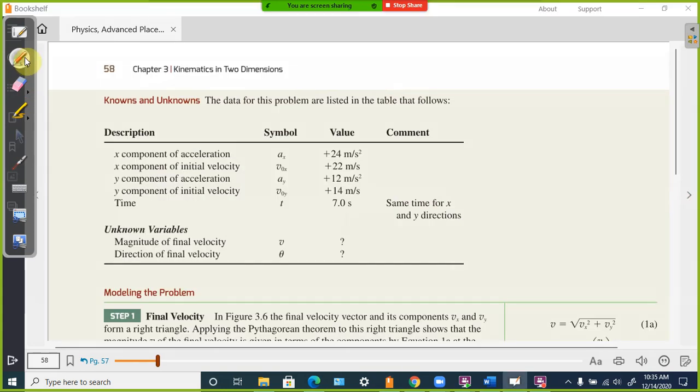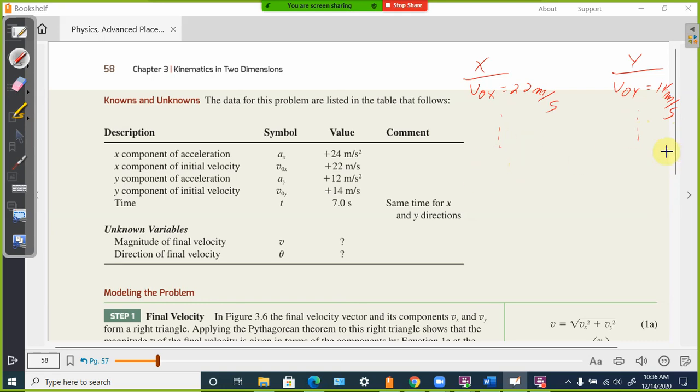So on your x, you have V0x to be 22 meters per second, and you would do the same with the y column, V0y, and you would come up with 14 meters per second. Basically, you're going to jot down all the stuff that you know, same as we did before.